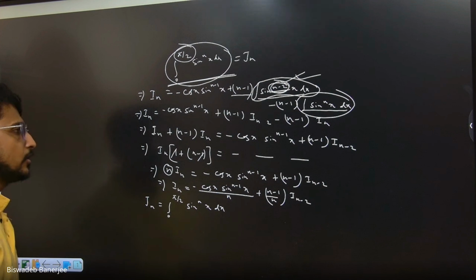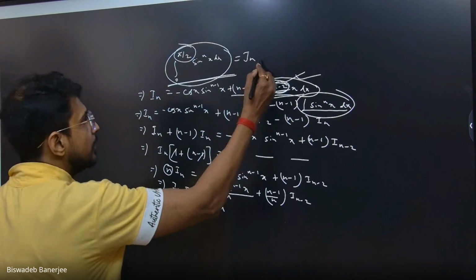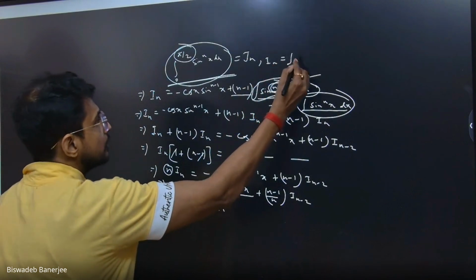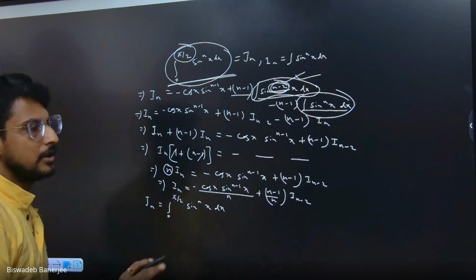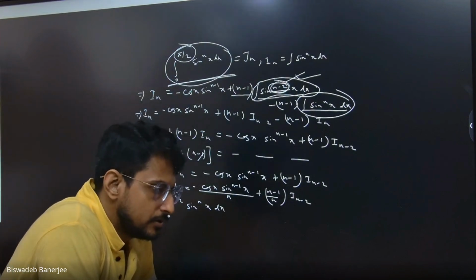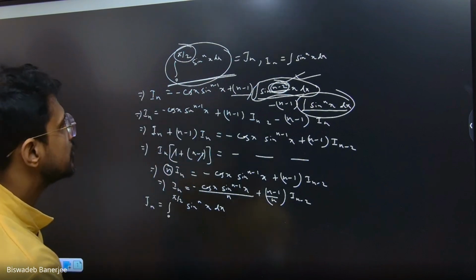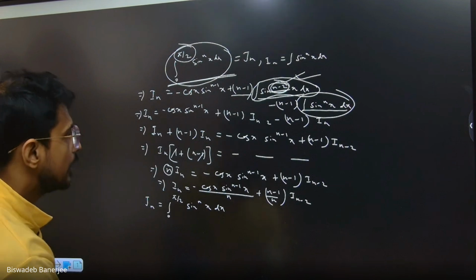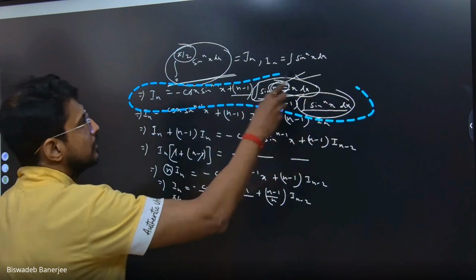Can you see the difference between In and Jn? My In is without limit, and for Jn there is a limit 0 to pi by 2. So what is the relation between In and Jn? It is very easy to observe.